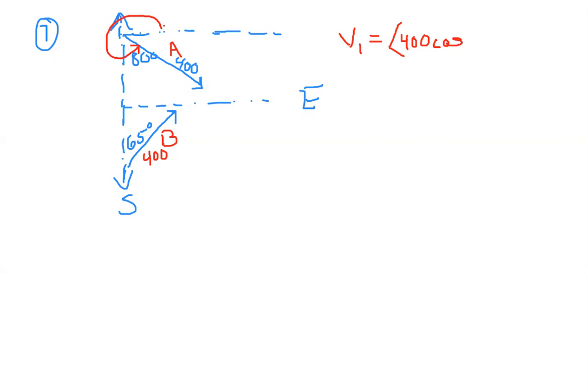Let me make sure I'm doing this right. Yes, so that's 350. So we're going to use 350 for tugboat A.